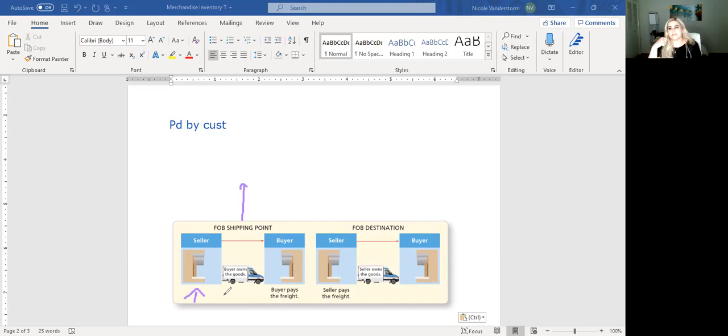A lot of times we see this example, for example, where large shipments of oil and large supplies of goods are shipped in from overseas.